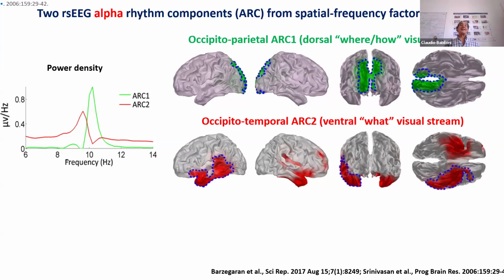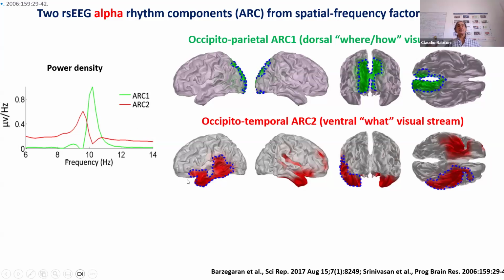So there is also another component of alpha rhythms in the EEG activity, the so-called mu rhythm, motor alpha rhythm, better somatosensory motor alpha rhythm.